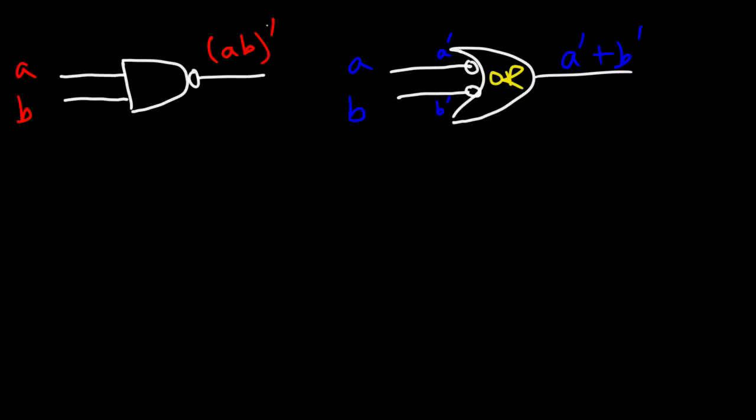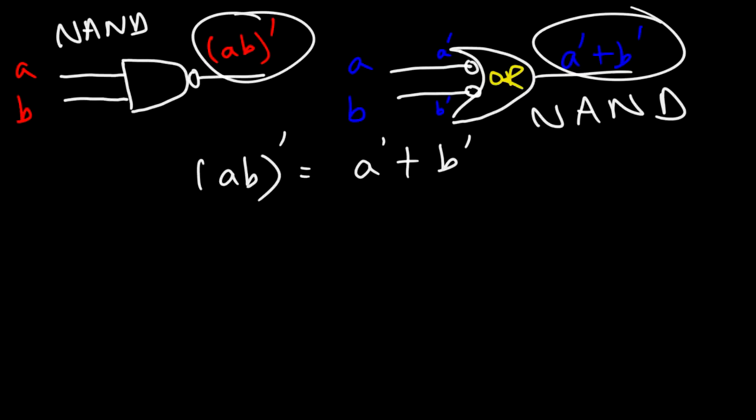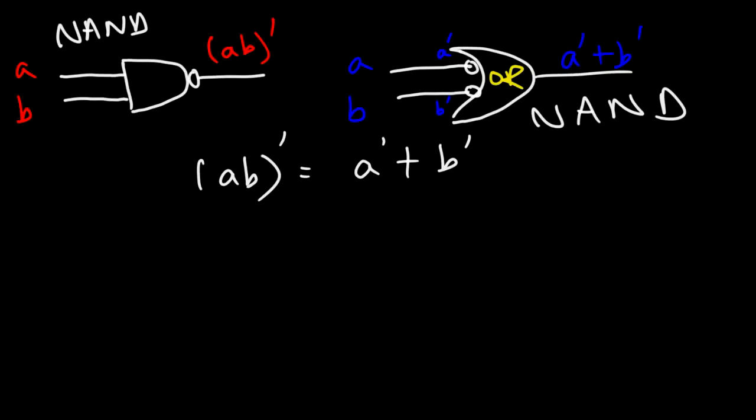Now notice that these two are equivalent using De Morgan's theorem. AB prime is equal to A prime plus B prime. So this is a NAND gate, and this is an alternative symbol for the NAND gate because the output has the same effect. Those two are equivalent to each other.